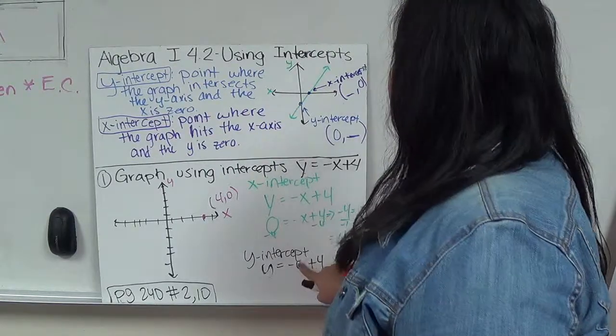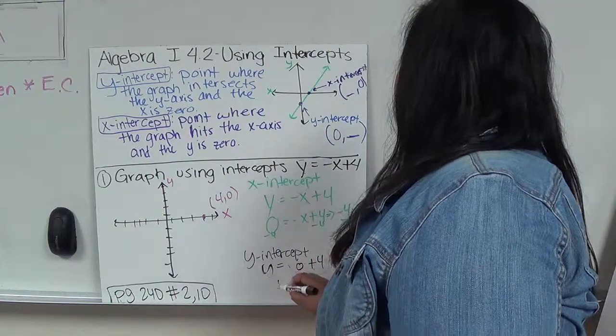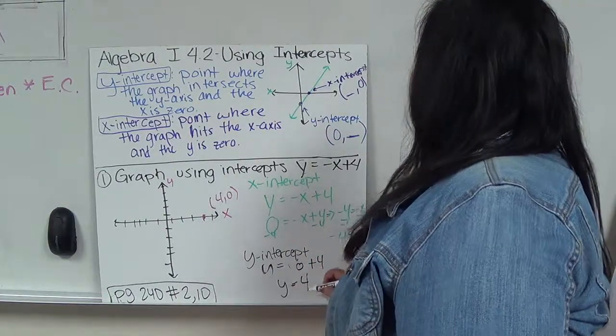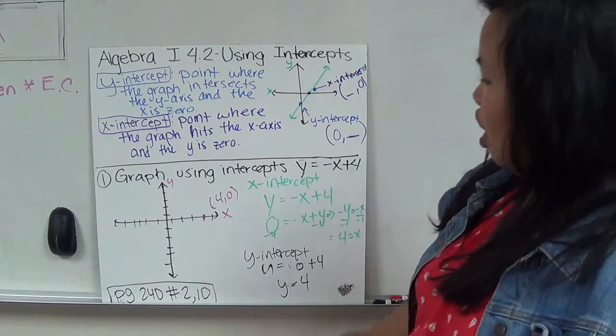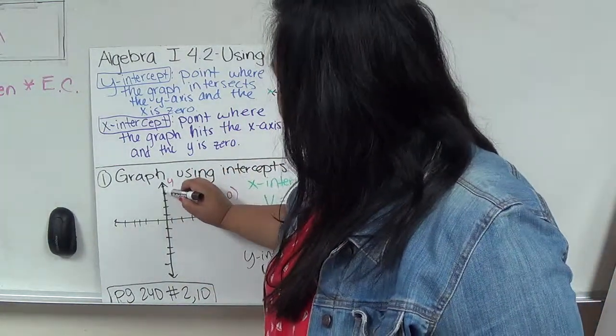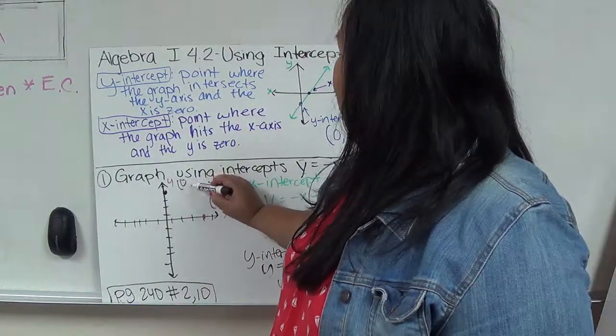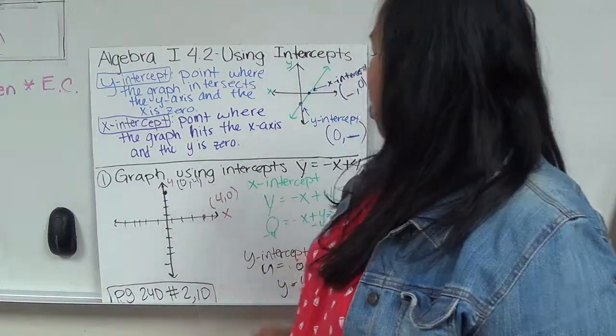And a negative 0 is the same thing as just 0. And 0 plus 4 is 4. So that's telling me on my y, it's positive 4. And my point is, x is 0 this time, but y is 4.